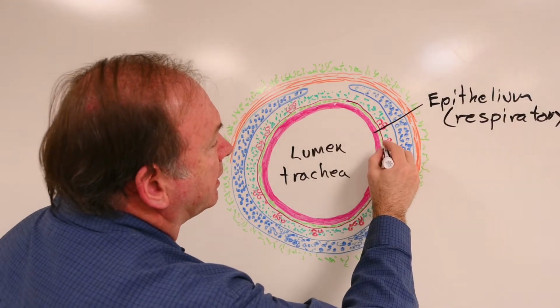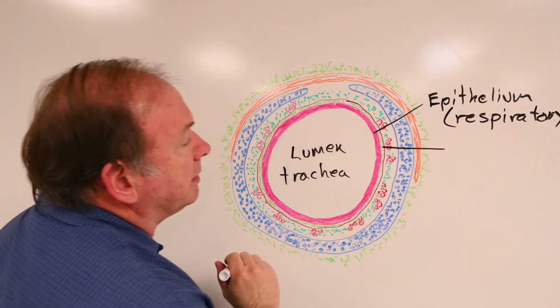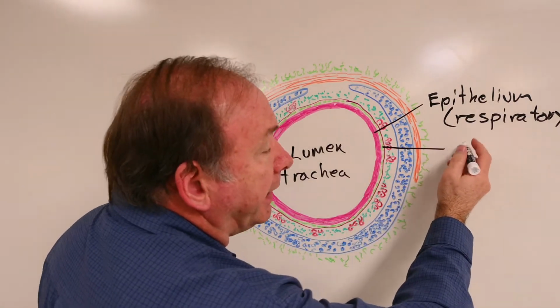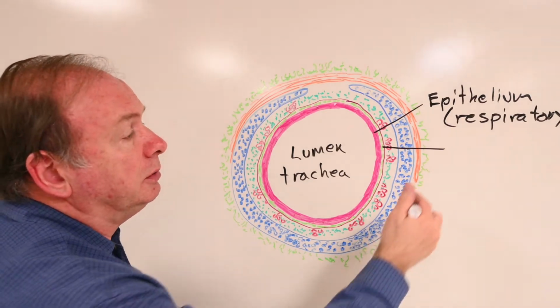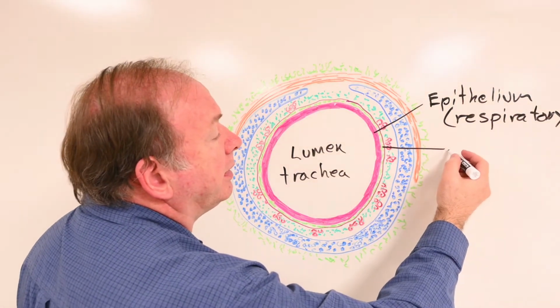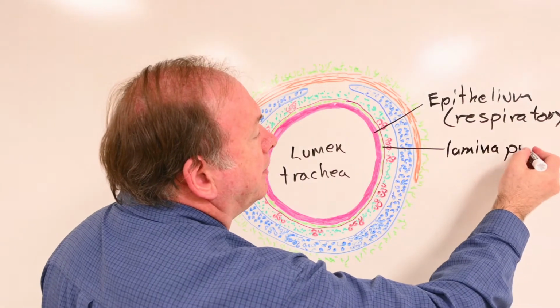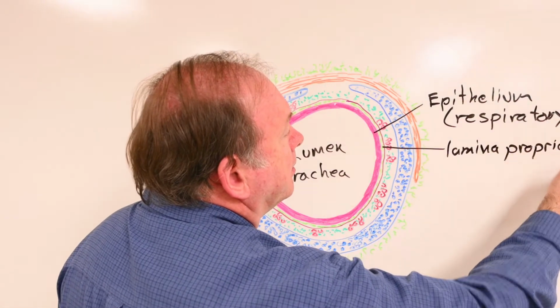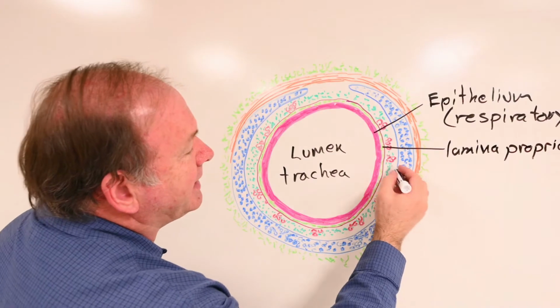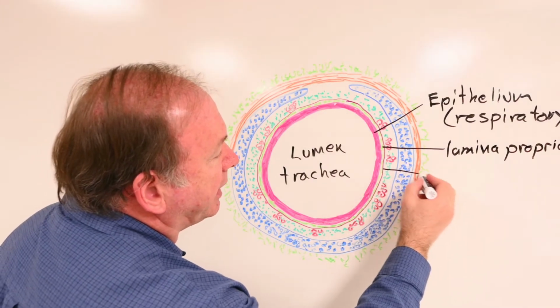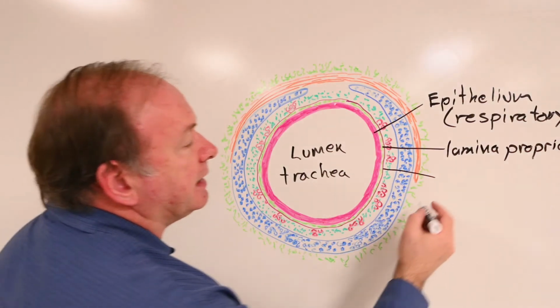The next layer underneath that is that loose connective tissue we've identified before as a lamina propria. Then next to that, this thin dark line right here is the elastic membrane.